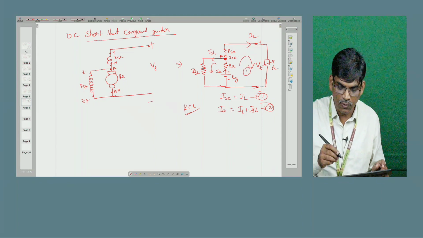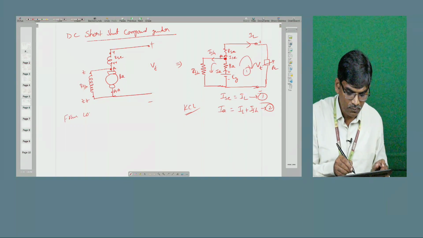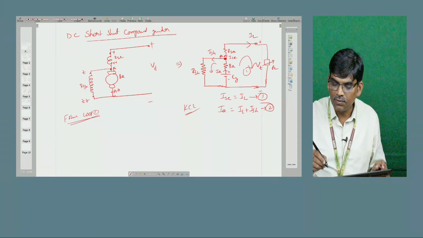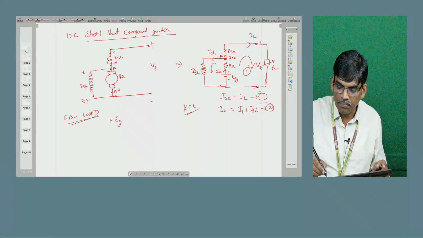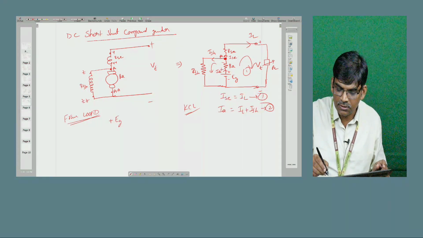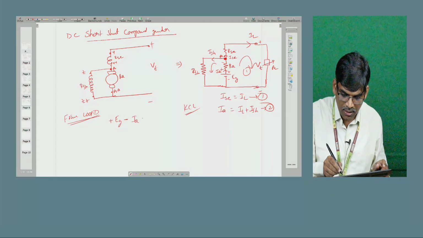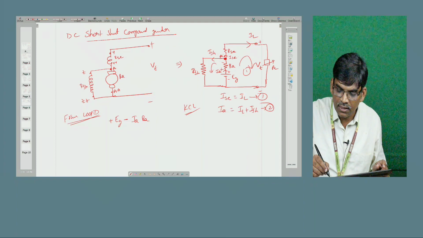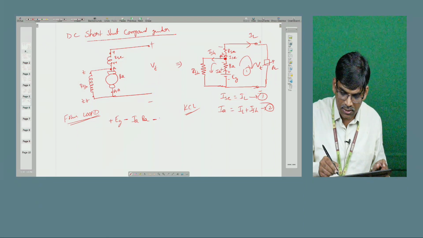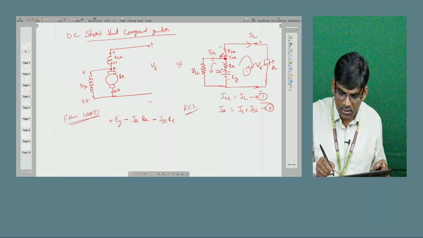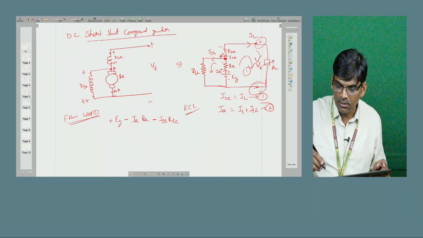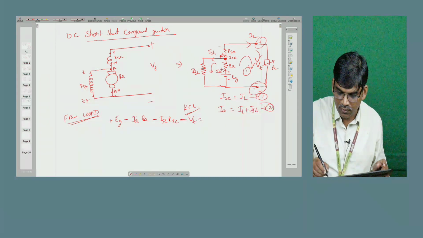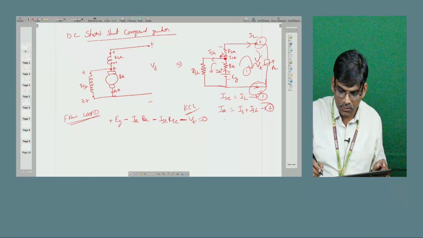First, from loop 1, we can write the equation, considering EZ plus, and plus to minus. The current passing is IA, so minus IA RA, and in the series field winding, plus entering and minus leaving, the current passing is ISC, so minus ISC RSC, and plus to minus, minus Vt equal to 0.